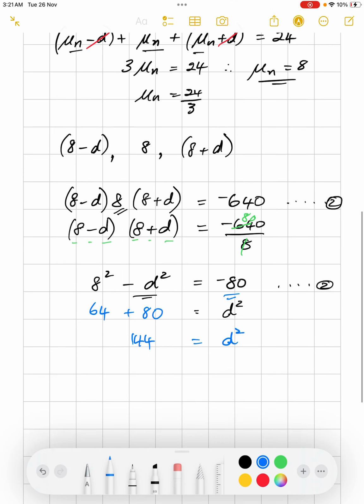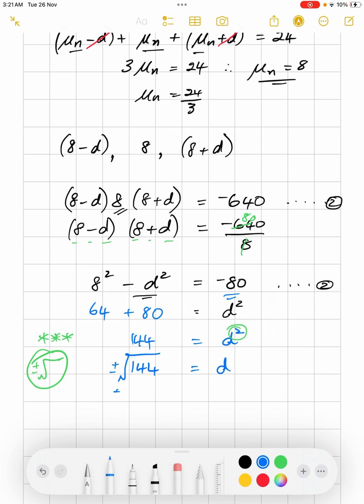Now, interestingly, take the square root of both sides and we can have plus and minus. A lot of people forget the plus and minus sign here. That's important, I'll put 3 asterisks there.